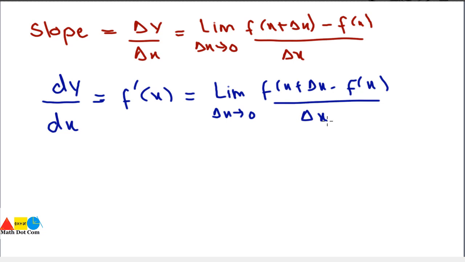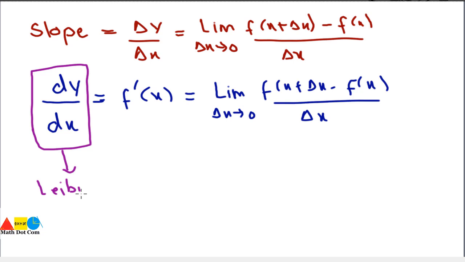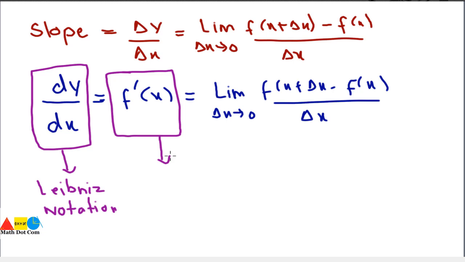So here the thing to be noted is this is the Leibniz notation of representing the derivative, that is dy by dx, and this is the Lagrange notation of representing the derivative. So these are the two notations.